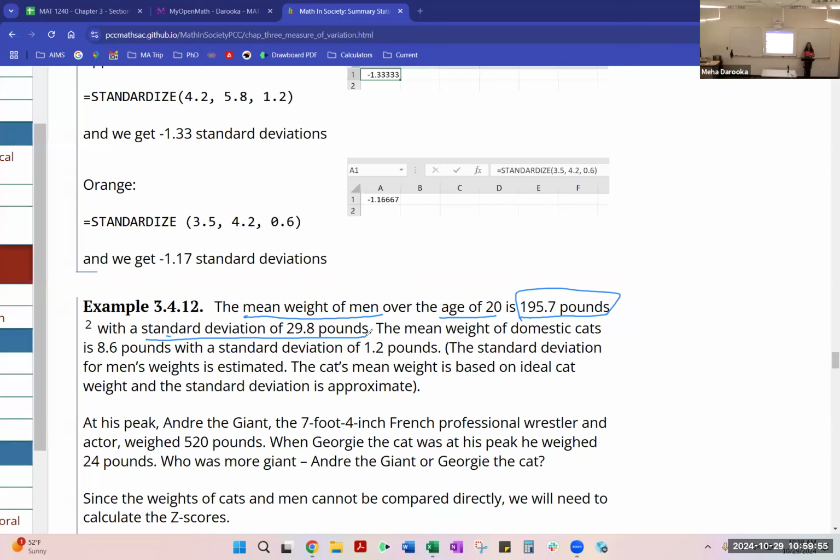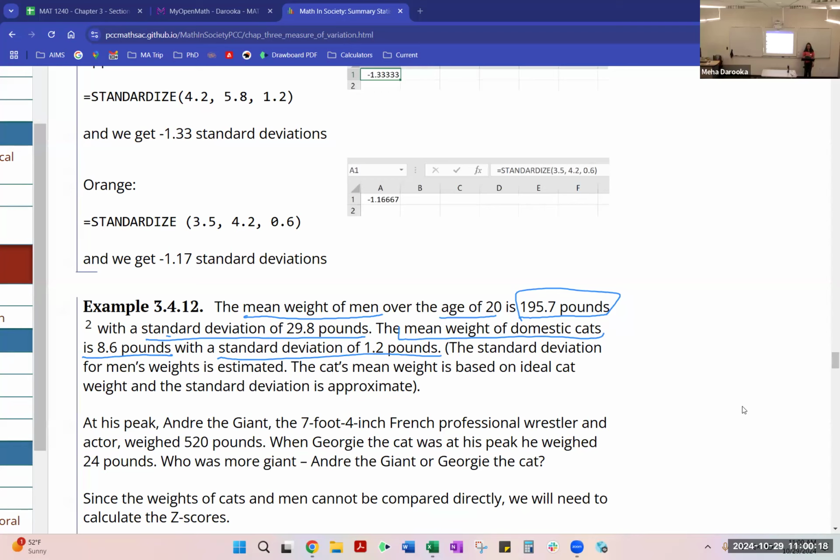The mean weight of domestic cats is 8.6 pounds, and their standard deviation is 1.2 pounds. They're saying the standard deviation of men's weight is estimated. The cat's mean weight is based on ideal cat weight, and the standard deviation is approximate.